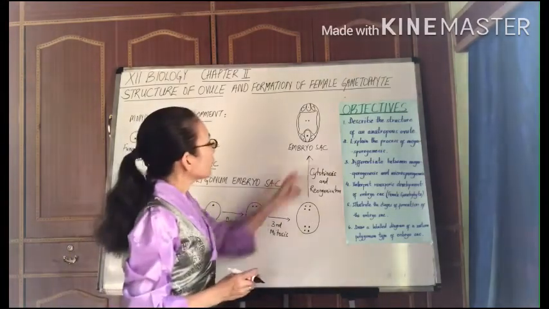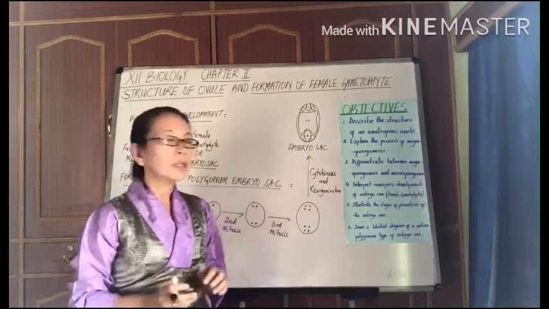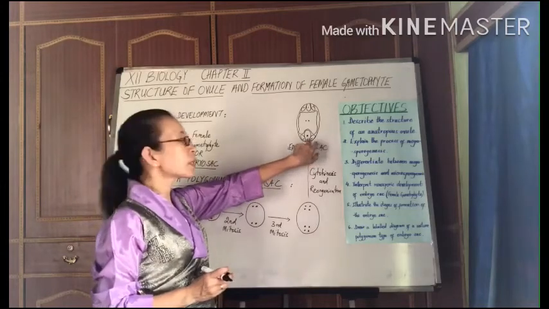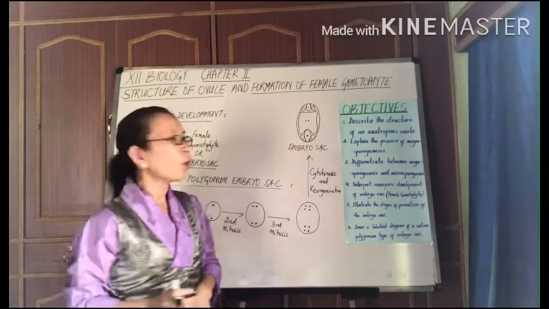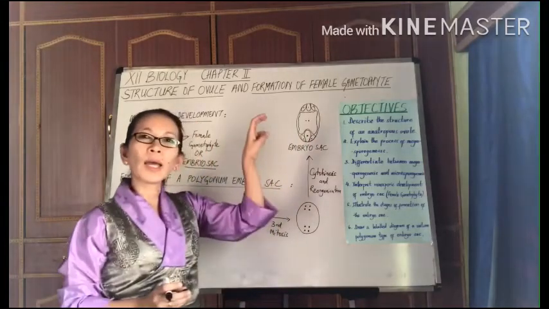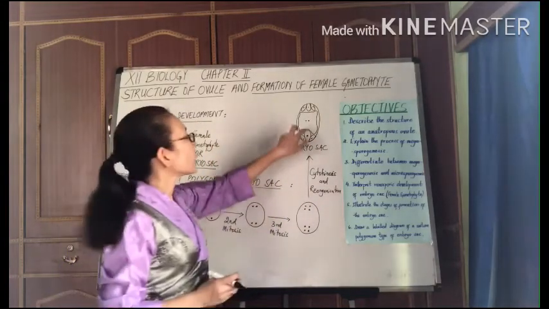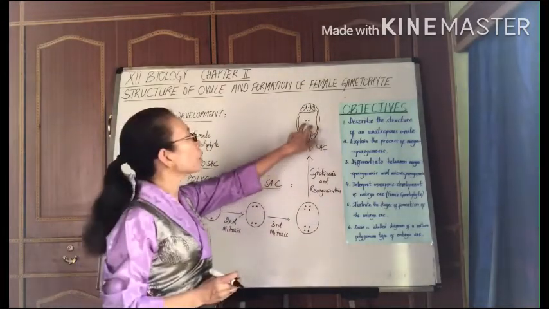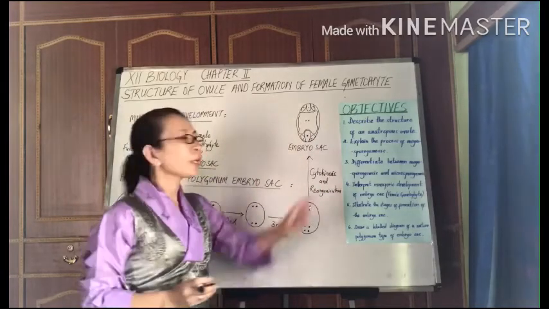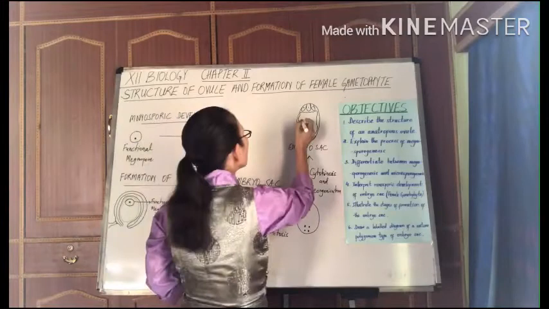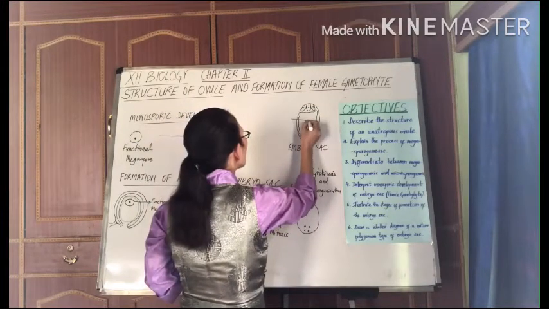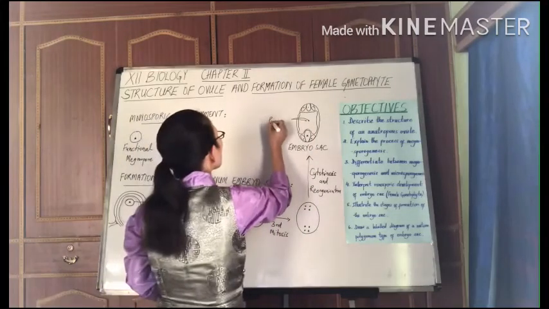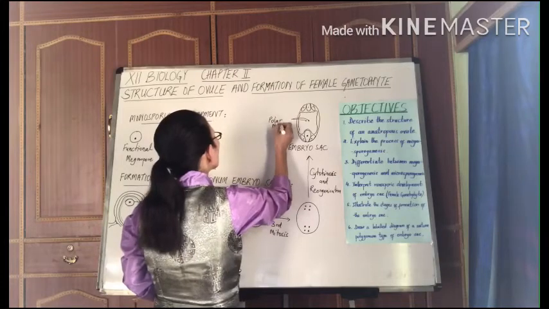And what we see is the 8 nuclei had reorganized in such a way that 3 of the nuclei are towards one end of the ovule and 3 of the nuclei are at the opposite end of the ovule, and 2 nuclei, one each from the 2 ends of the ovule, had moved into the central cell and had now become a cell with 2 nuclei, and these 2 nuclei are referred to as polar nuclei.